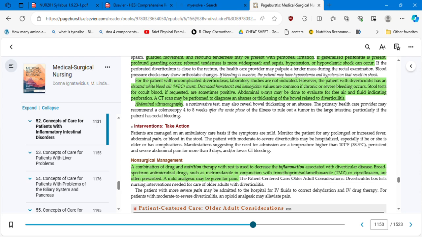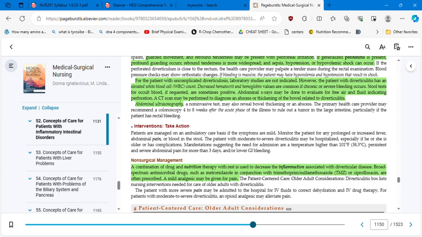However, the patient with diverticulitis has an elevated white blood cell count, like in all the diseases we have been reviewing. Decreased hematocrit and hemoglobin values are common if chronic or severe bleeding occurs, and that's the risk for anemia. We know that. Stool tests for occult blood, if requested, are sometimes positive.